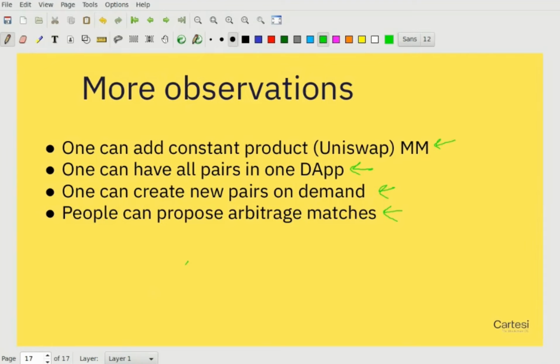Just a quick question. You believe all pairs could remain in one DApp with the Uniswap approach or with an order book approach? With that modified order book, I don't see why not. I mean, even with Uniswap. No, Uniswap, of course, but you mean the one with the B tree that you were explaining, you believe it would fit into one rollup?